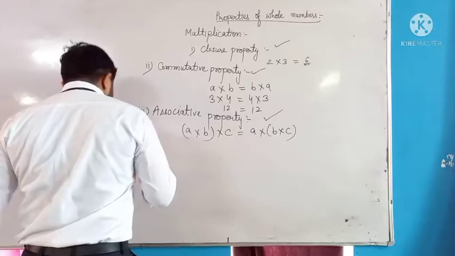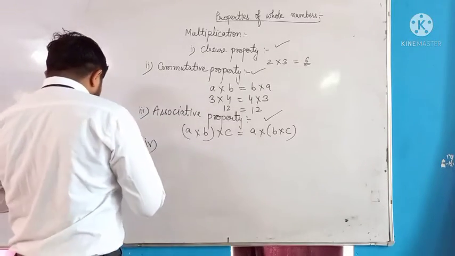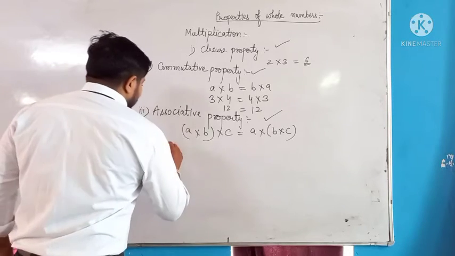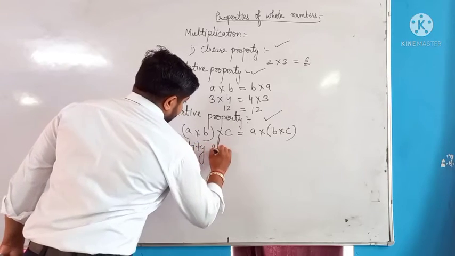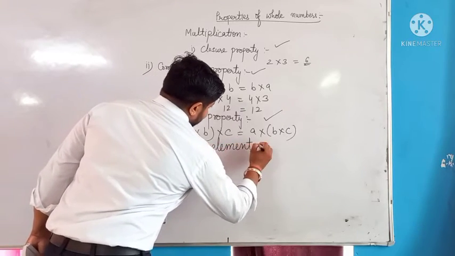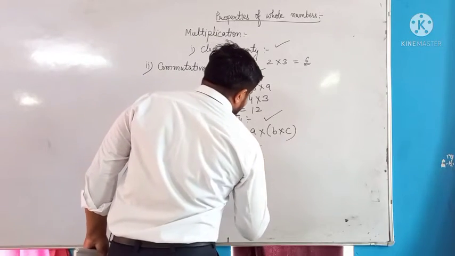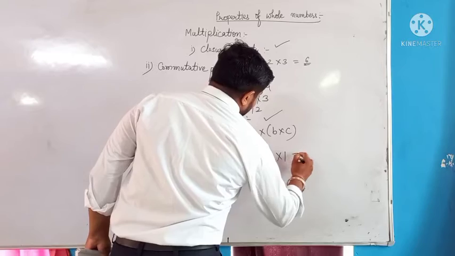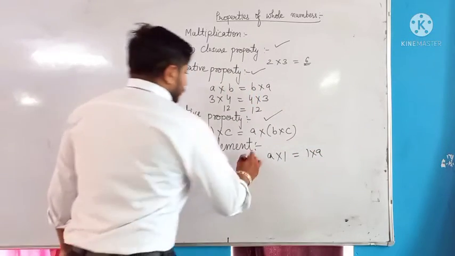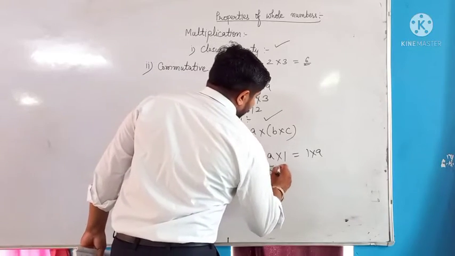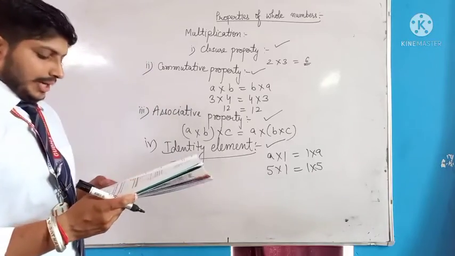Okay, next we have the multiplication identity element. Identity element, same: if we multiply any number by 1, it comes equal, like 5 into 1 and 1 into 5. So this property also holds good under the operation multiplication.